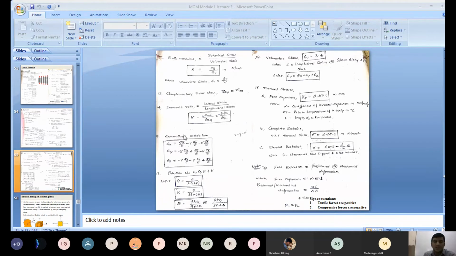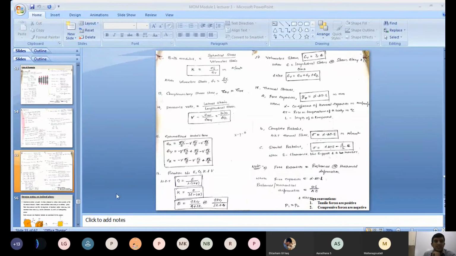Epsilon x is equal to sigma x by E minus mu into sigma y by E minus mu into sigma z by E. Epsilon y is equal to minus mu into sigma x by E plus sigma y by E minus mu into sigma z by E. Similarly, you write the third one also. Remember this generalized Hooke's law.